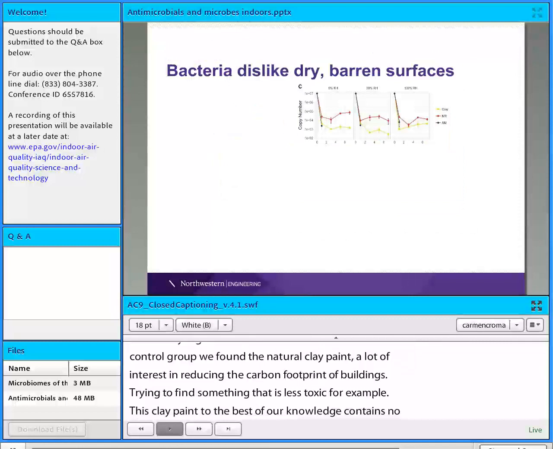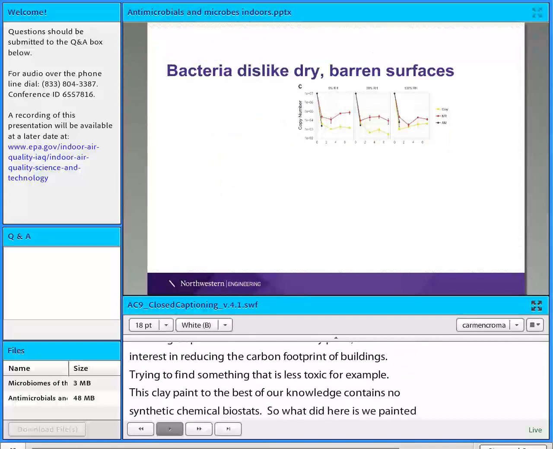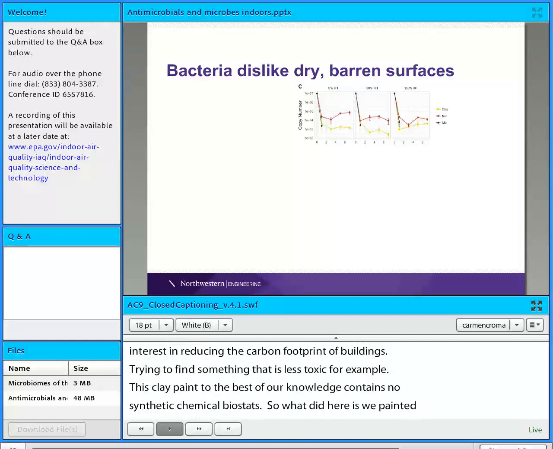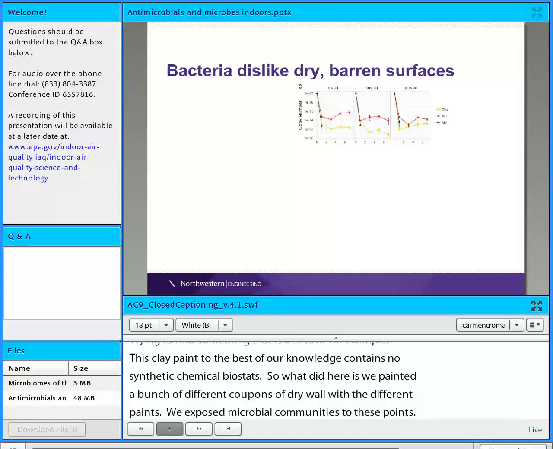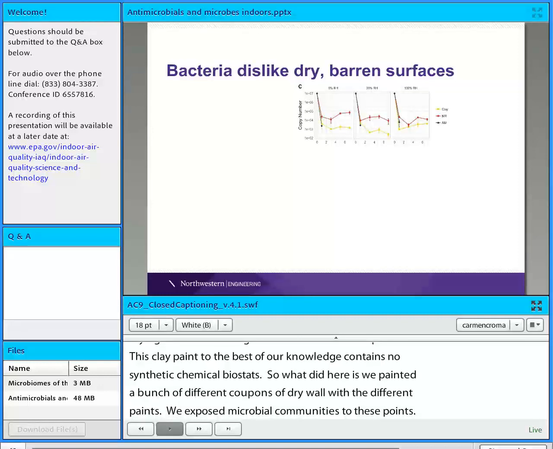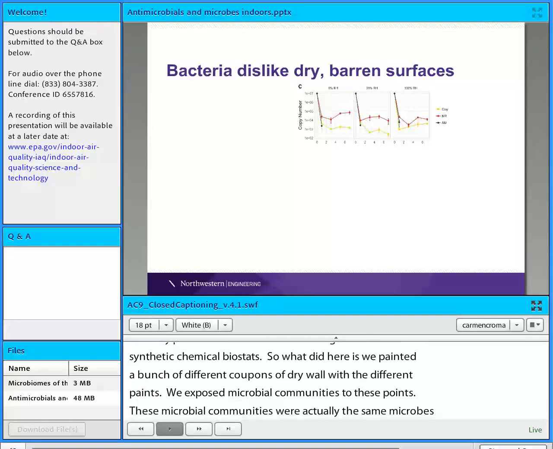And so what we did here is we painted a bunch of different coupons of drywall with these different paints and then exposed microbial communities to these paints. And these microbial communities were actually the same microbes that we were able to culture from indoor dust.